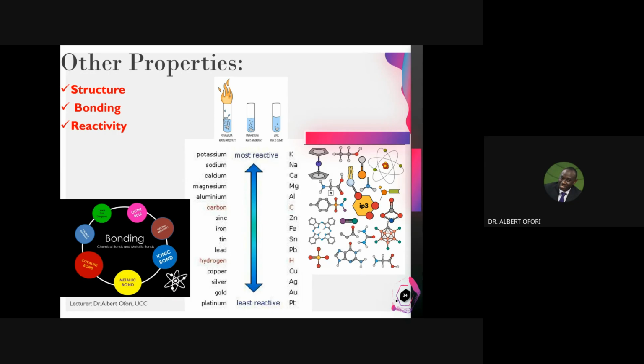Now, number two is that when we have electrons that are far away from the nucleus, that means you have more shielding effect, and that makes it reactive because the electron is already far. And so reactivity becomes higher when the electron is far.